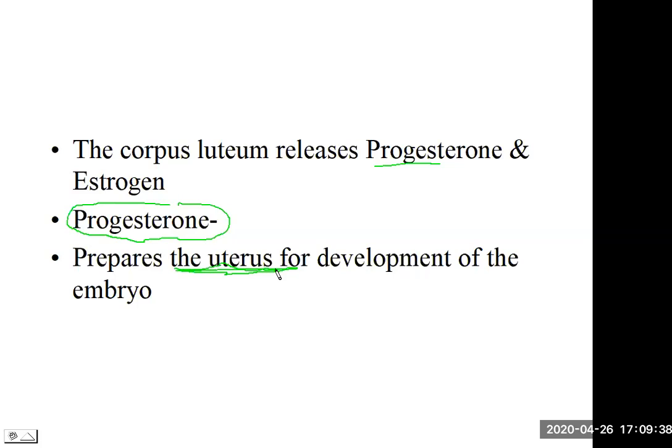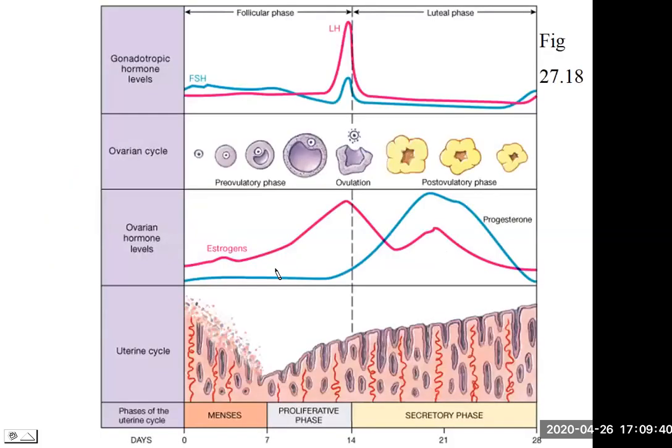So all of this section here is seen on a diagram from our textbook, and we'll go through this again. So from the pituitary gland, specifically that adenohypophysis, the anterior pituitary, you notice in the first half of the cycle, there's higher levels of FSH that are stimulating the follicle stages.